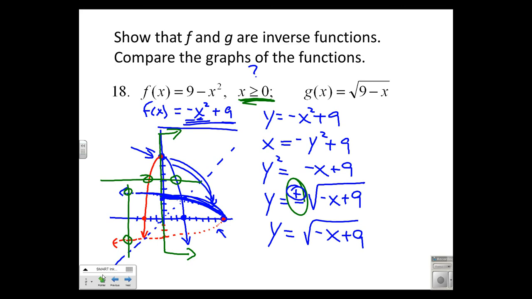Had this been less than or equal to 0, then we would be talking about the negative portion of the graph that is down here, the downward portion, because our red flipped onto our red. So that's a topic we're going to be talking about more as we move on.